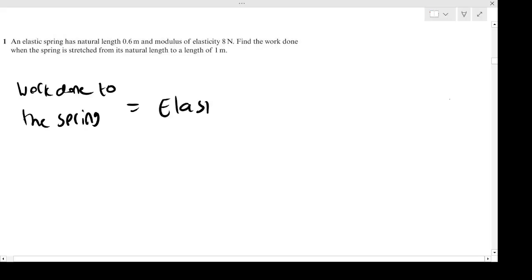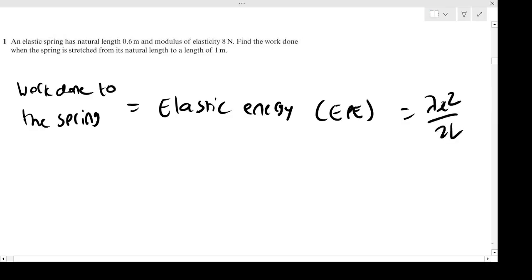So the EPE, and we know how to work out the EPE, the elastic energy. That's going to be lambda x squared over 2L. So again, it's the same formula. Well, we know that the modulus of elasticity is 8. We need to find the extension x.